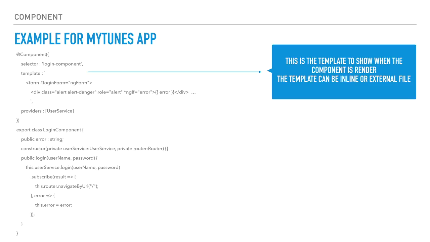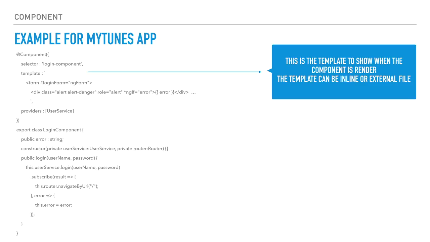So if you see at the end of the template there are 3 dots, this means it's not complete. Don't try to do this on your own, okay, because the code is not finished. But the idea is that our component will hold a template. For those that have worked with Angular 1, yes, we can have templateUrl also.